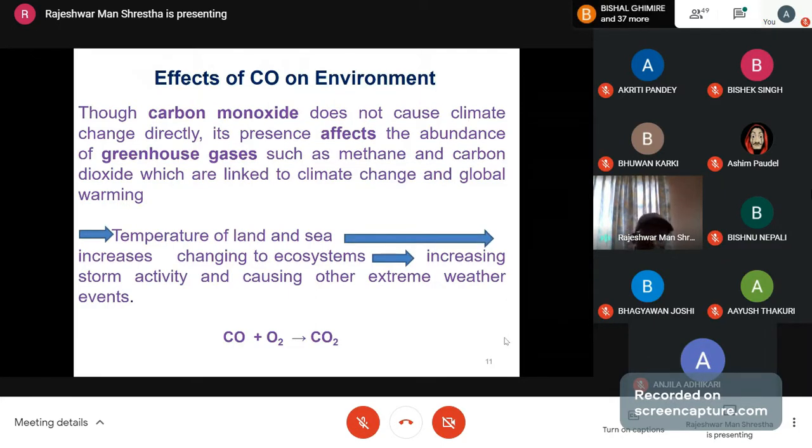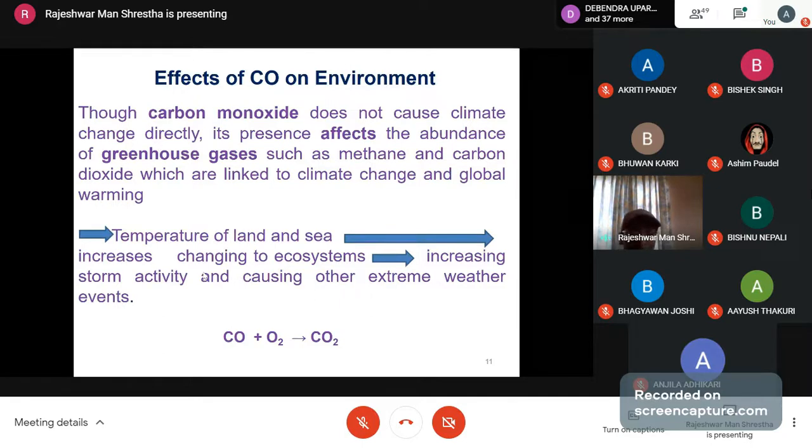And when the temperature of the earth increases, the water of land and sea increases. When global warming occurs, the temperature of land and sea increases and there is a change in the ecosystem, which will increase storm activity and cause other extreme weather events.